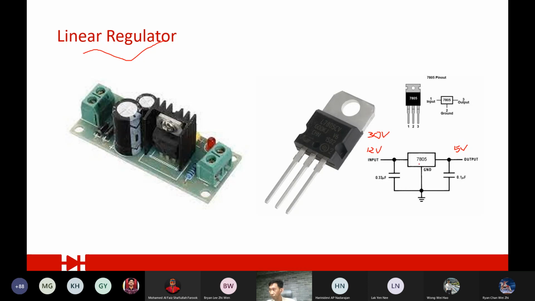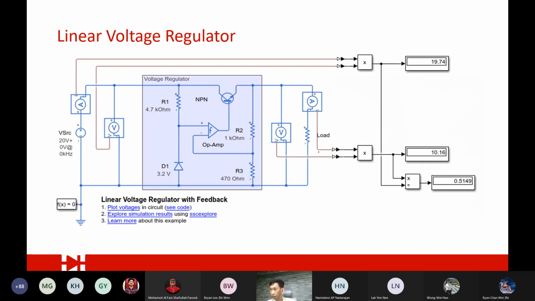Now, the problem with this type of regulator is that if you look into Simulink, it has this model, and it is controlled in a very linear manner, so the efficiency is very low. Do you still remember the efficiency?